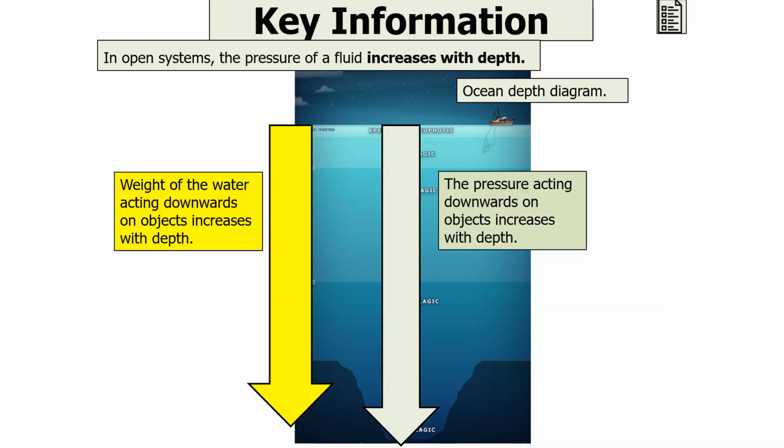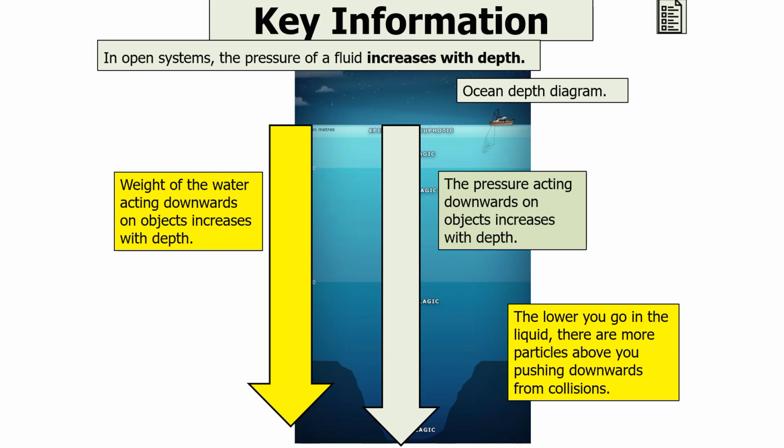So we can see that as we move down our fluid, the weight of the fluid acting downwards on an object increases with depth, and the pressure acting downwards on the object increases with depth, because the lower you go in any fluid, there are more particles above you pushing downwards from the collisions that they make.